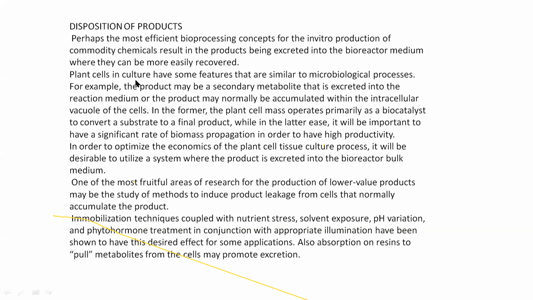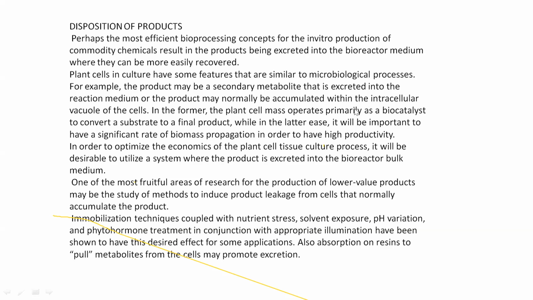So plant cells in culture are similar to microbiological processes. So that way, when you get microbial metabolites, similarly you can get a plant metabolite also. It is excreted into the reaction medium, or it can be accumulated within the cells. It is easy when it is excreted into the reaction medium.